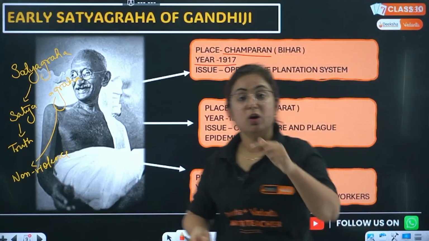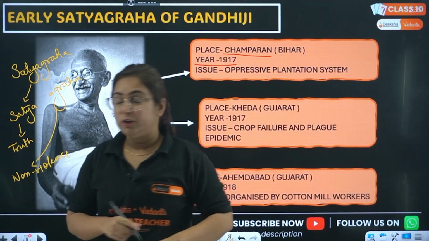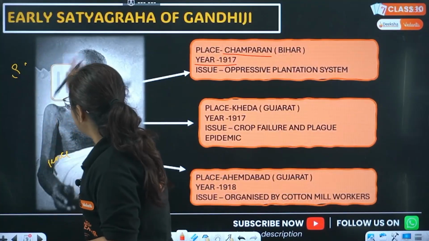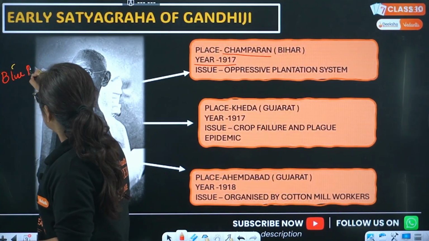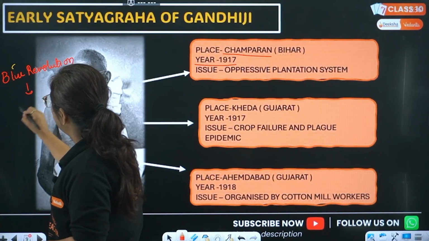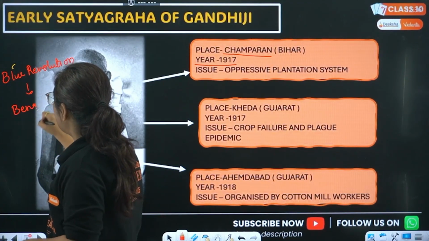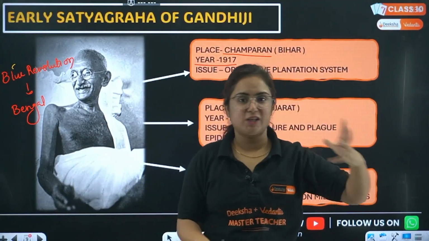Let me connect you to one more revolution that you studied in class 8. Do you remember the revolution known as the Blue Revolution, or Indigo Revolution, that people did in Bengal against the indigo planters? Indigo is a natural dye.